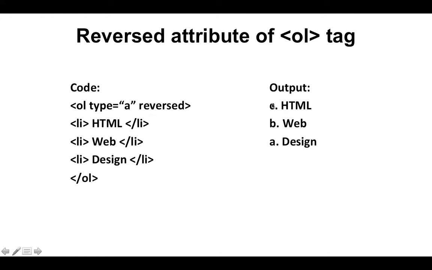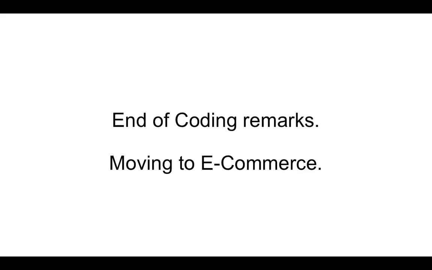So what happens? It's in descending order depending on the list items. There are 3 list items given here. So all the 3 list items are going to come in this ordered list, but it will display in the reversed order C, B, A. So those were some of the basic distinctions that I wanted to make.